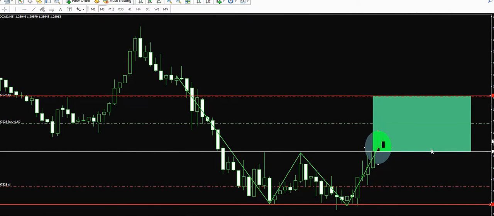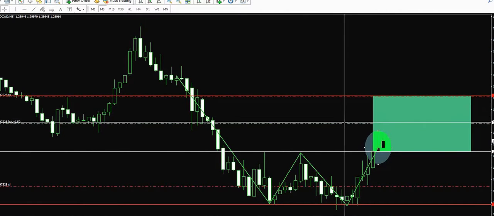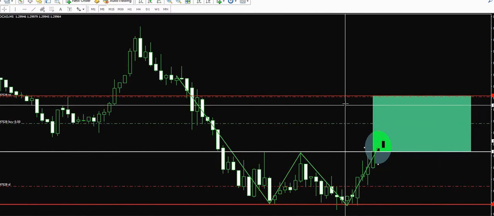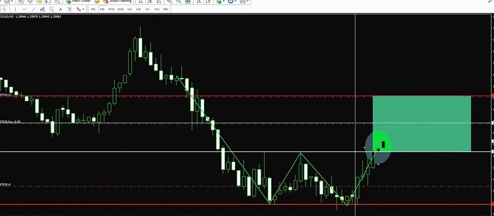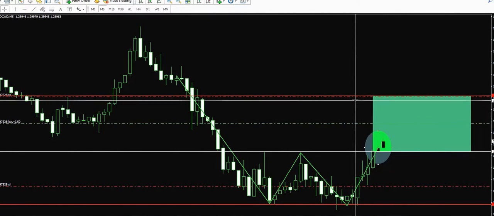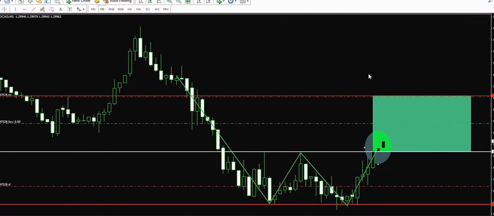Now we wait to see if the price action is really going to accomplish our target. Notice that this is a scalp trade, which means that we will probably stay involved for a relatively short period of time. As you see, the distance between our entry point and our potential take profit is about 7 pips.